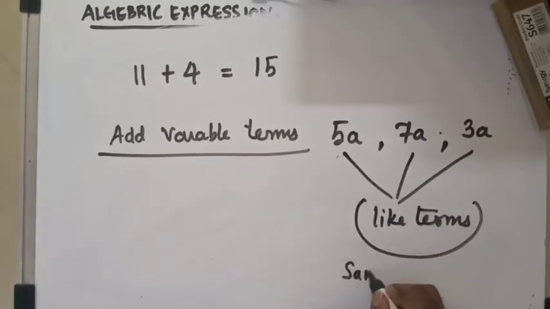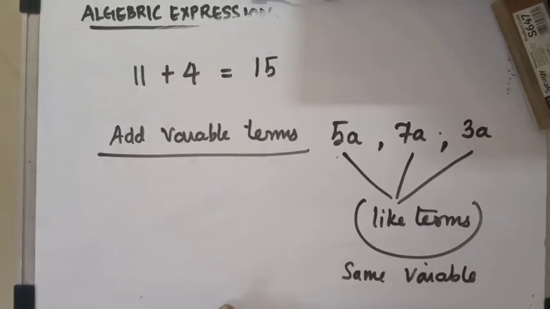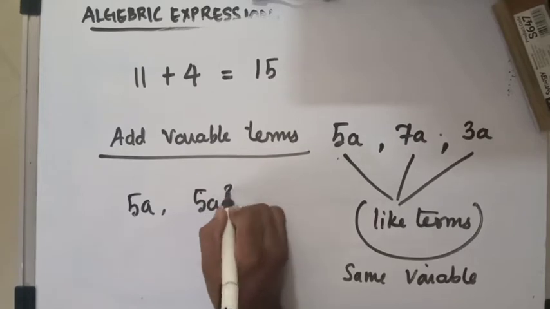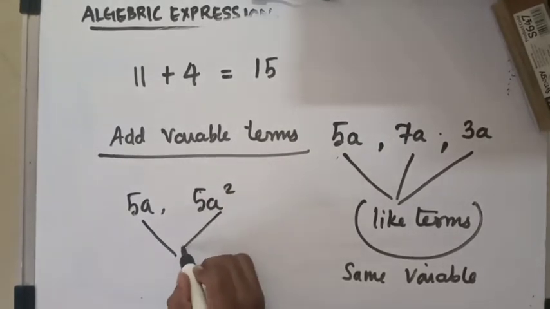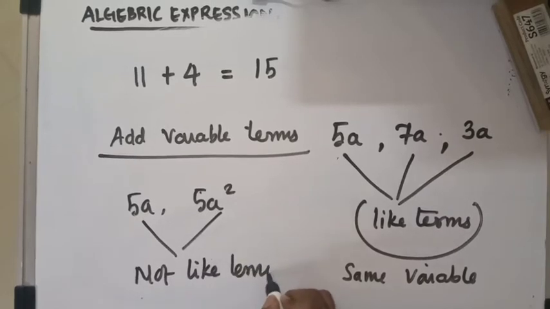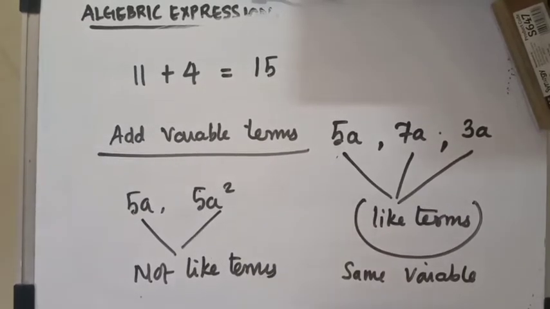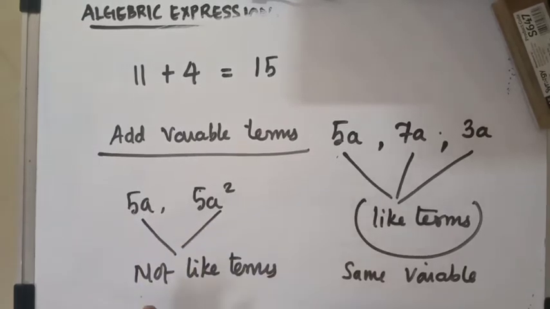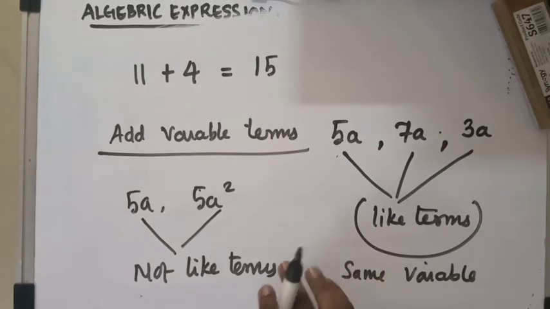Because they have the same variable. Say 5a and 5a square. They have the same variable, but they are not like terms. If this is a and this is a square, that is why we don't consider these as like terms. So you can add only like terms.